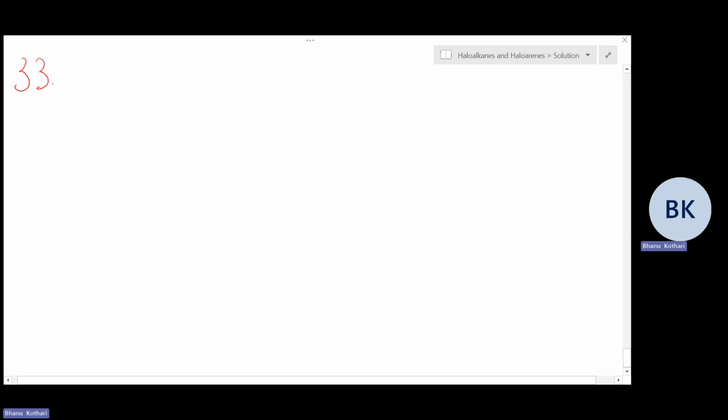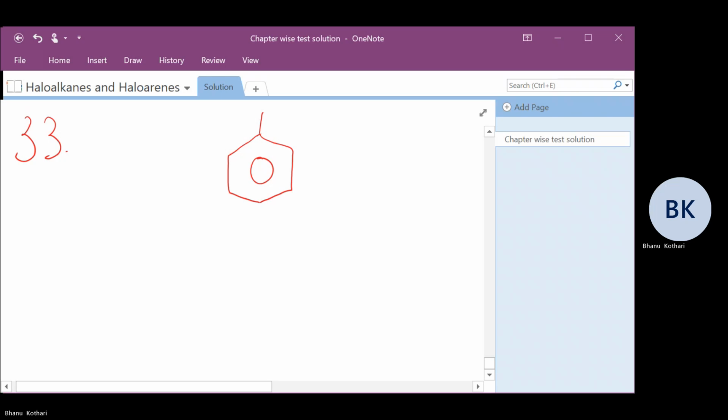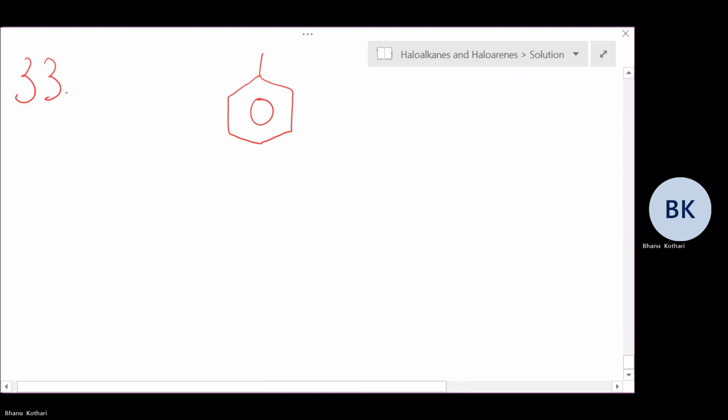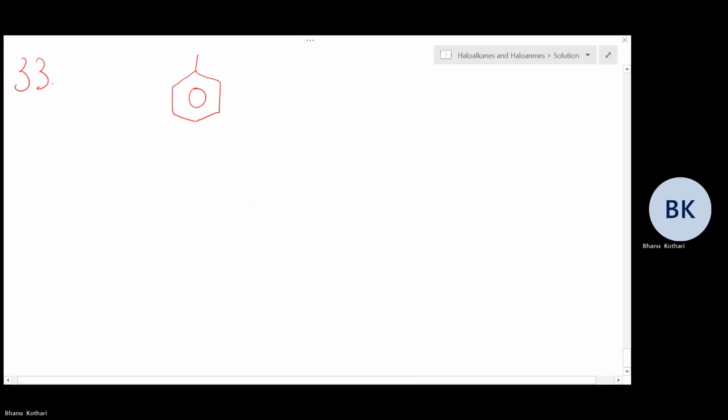Orthochlorotoluene reacts with NaNH2 in liquid ammonia to give orthotoluidine and metatoluidine. So we know that this reaction will proceed via benzyne mechanism.